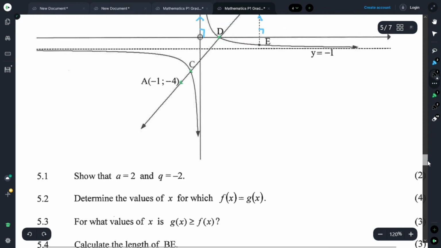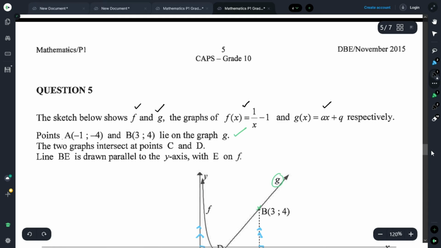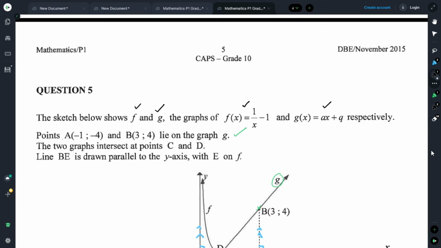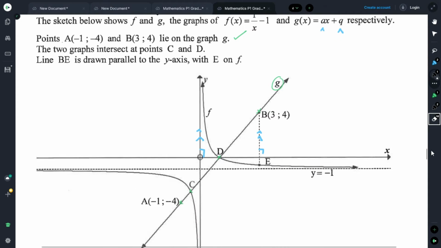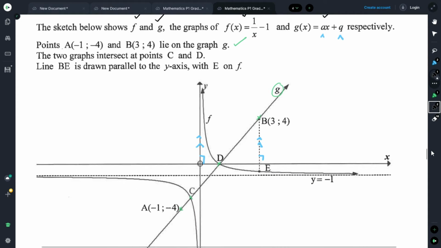It reads as follows. So basically they want us to find a and q, right? So in other words, we need to find the equation of the function, the straight line function g.